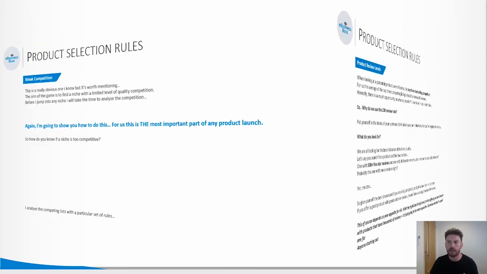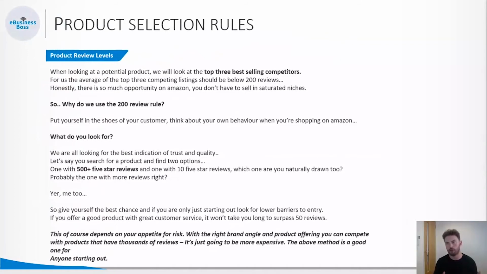So let's talk more about the product review levels, because on Amazon, this is the best indicator of actually whether or not you've got weak, medium, or strong levels of competition. So when we're looking at a potential product, we actually look at the top 3 best-selling competitors, and we pull them all through a very specific spreadsheet that has about 6 or 7 tabs in order to determine whether they'd be a right fit for us.